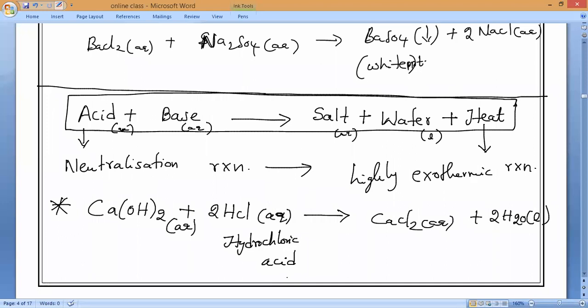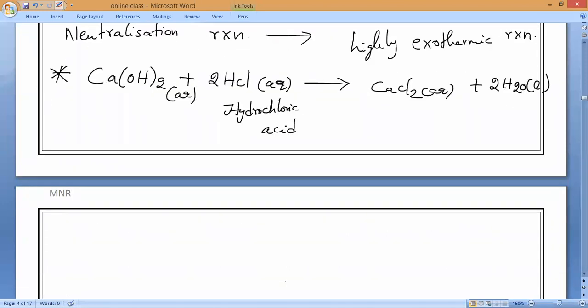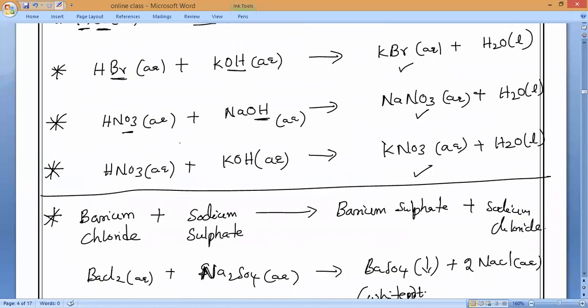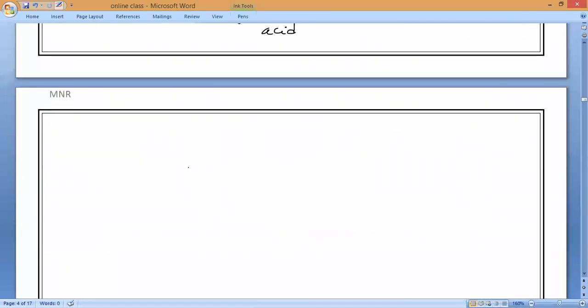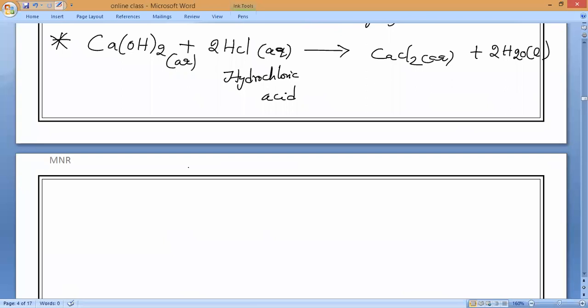So that is another example of a neutralization reaction. Try to learn more so that you will understand it. Next, KOH plus HCl. Potassium hydroxide, KOH, in aqueous state, reacting with HCl.